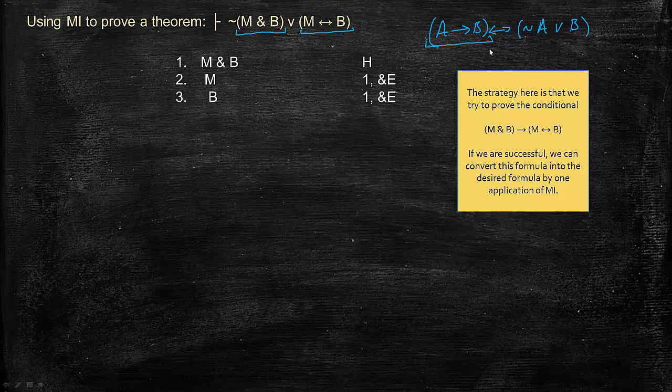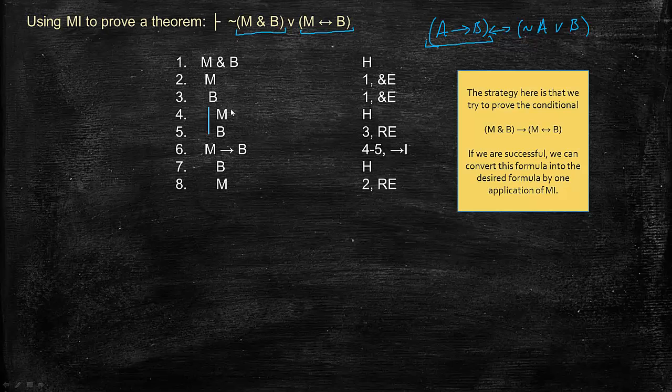We're going to get M and we're going to get B by 1 and elimination. So we have M and B, and now we're going to prove M if and only if B. So we'll hypothesize M, reiterate B, and we've got if M then B. Then we'll hypothesize B. Kind of odd to be hypothesizing something you already have, but we're trying to get the conditional.